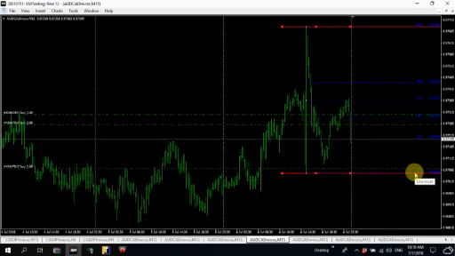What I like about this horizontal channel is that you see it, you know where exactly the trade will start. This price is coming down to start from here, and when it starts from here, it's going here.